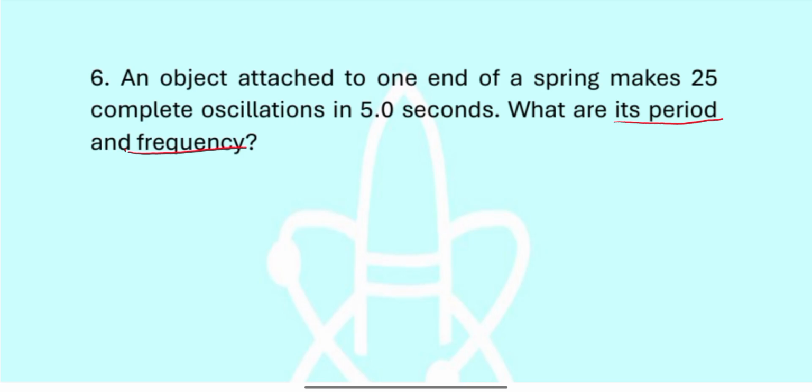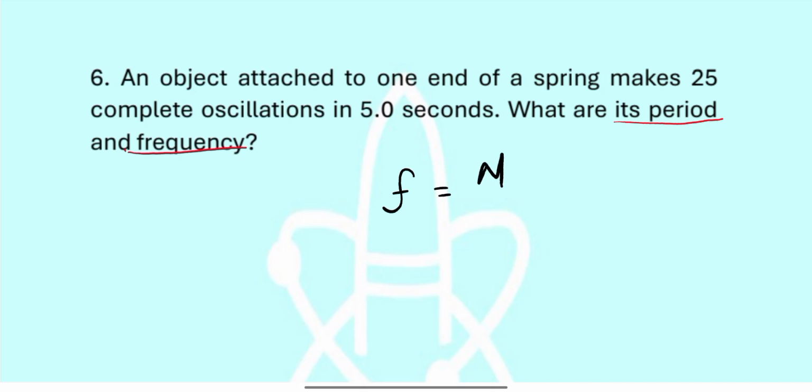So we used to define frequency as the number of waves that passes per second. In this case, you can define your frequency as the number of oscillations that passes in 1 second. So using this definition that you already know for frequency, you will derive a formula.